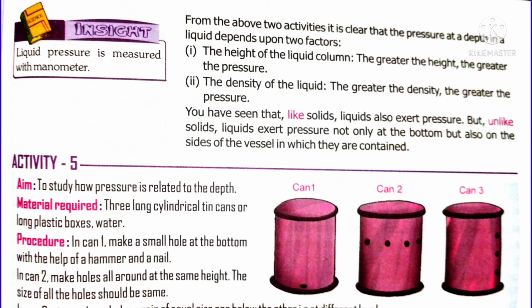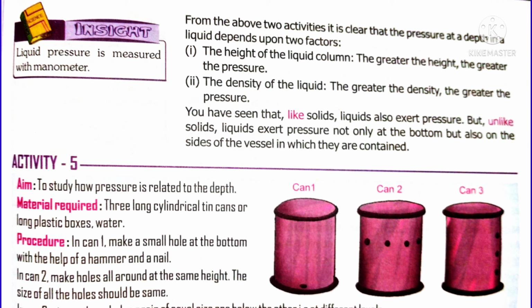Here in can 1 you are going to make a small hole at the base, and in can 2 you are going to make holes around the can at the same height. And in can 3, you are going to make three holes of equal size, one below the other.